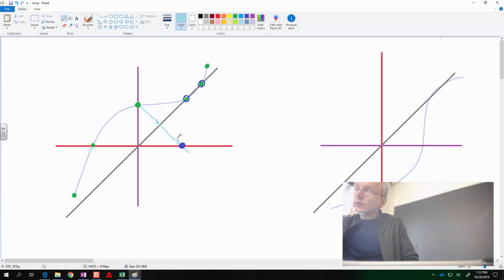All I have to do is just carefully, and you can do it by hand, I'm doing it by hand, go perpendicular to the diagonal, and then continue on until I cross the y-axis, the vertical axis. That creates one more point on the graph.